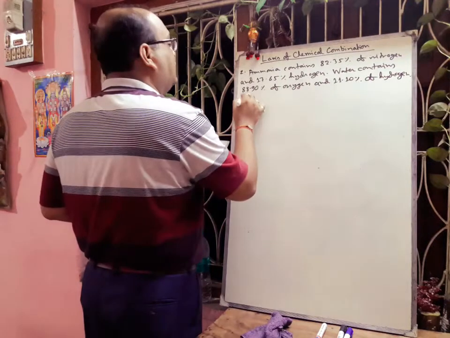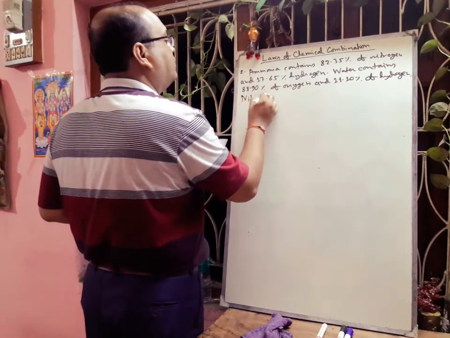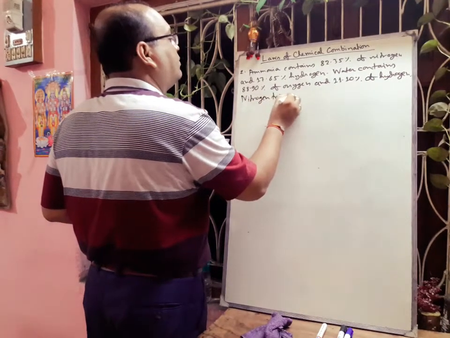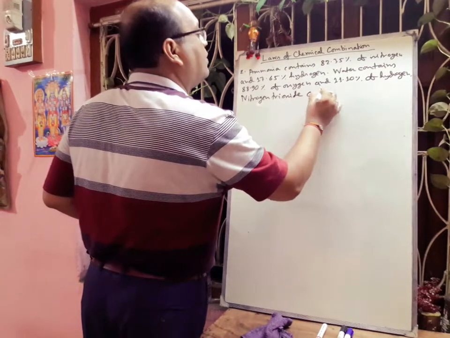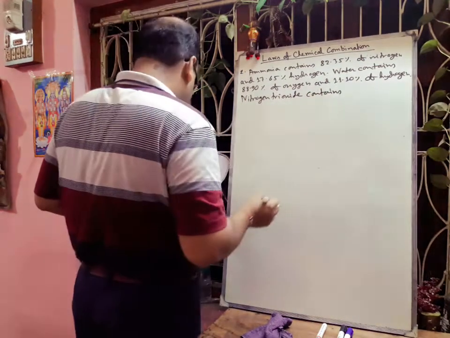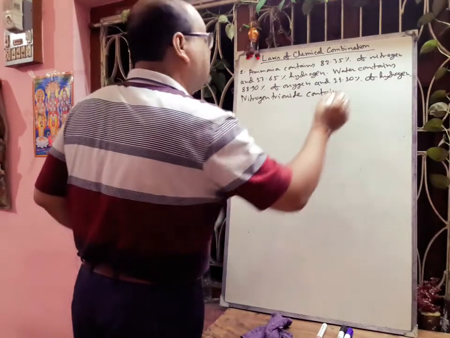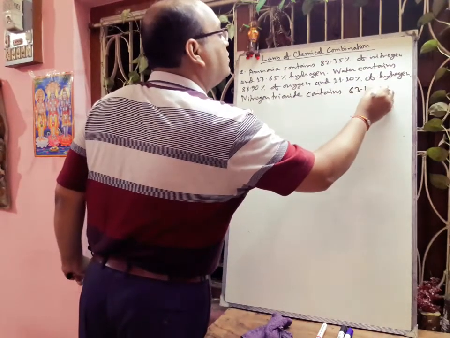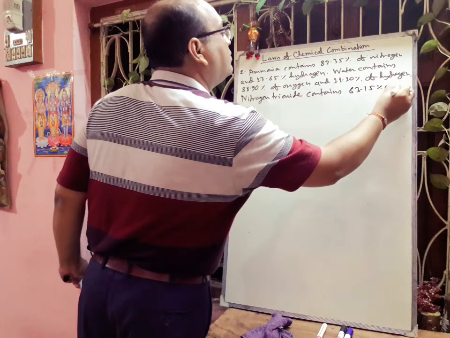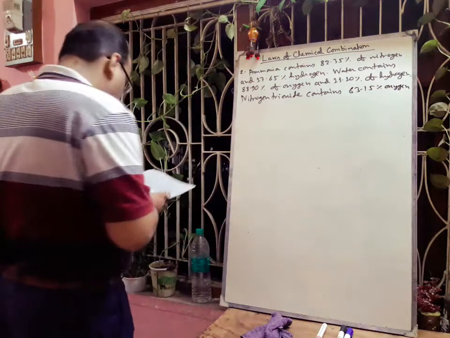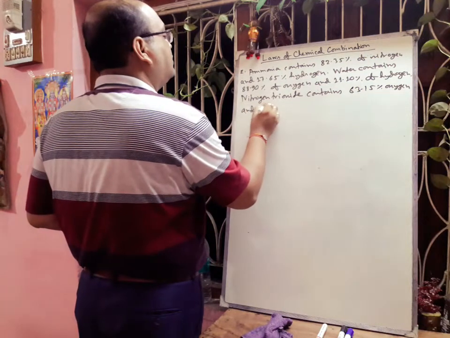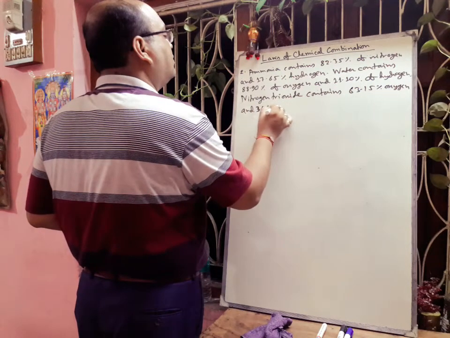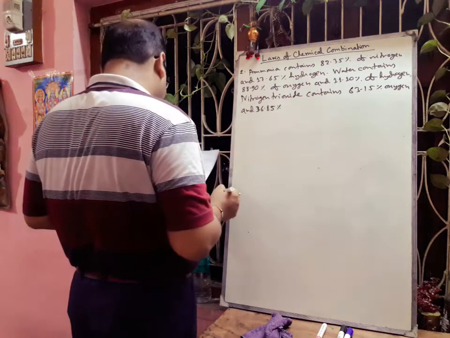Nitrogen dioxide contains 63.15% oxygen and 36.85% of nitrogen.